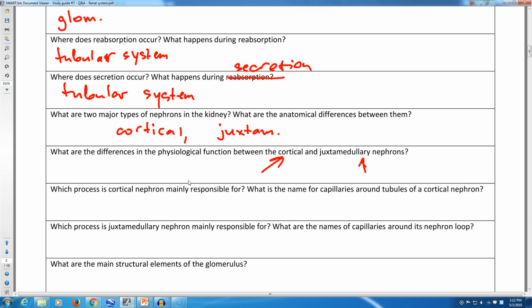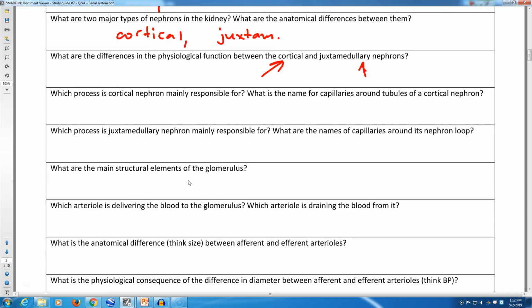Juxtamedullary nephron: production of concentrated urine, regulation of the urine concentration. So that's basically nephron, general reabsorption, regulation of the electrolyte levels, and acid-base balance.